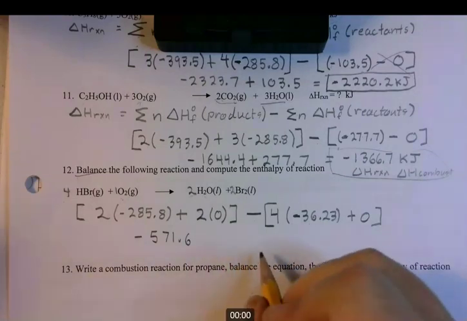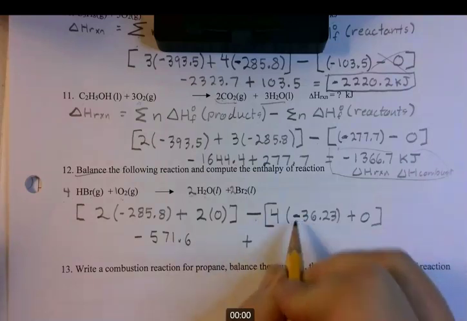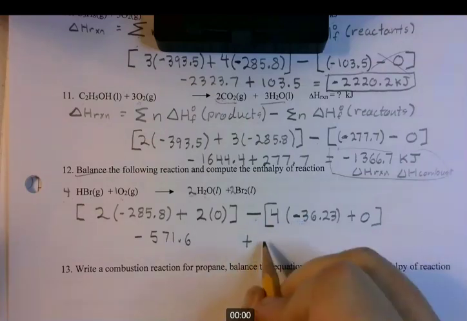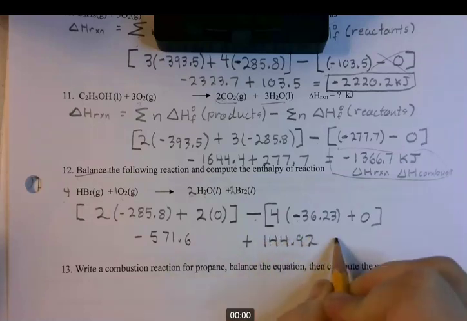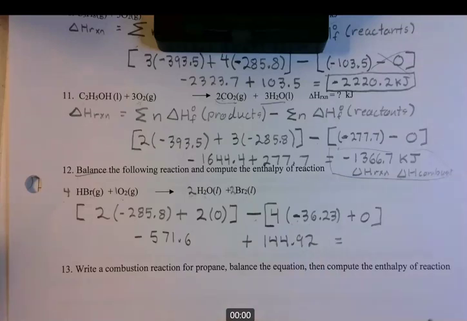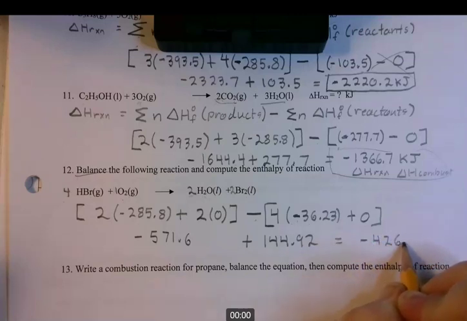That's going to be positive, excuse me, because the negative is going to become a positive, 144.92. And if you add those two numbers together, you end up with negative 426.7 kilojoules.